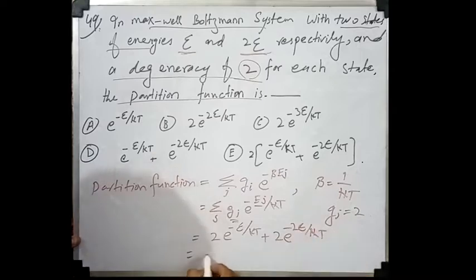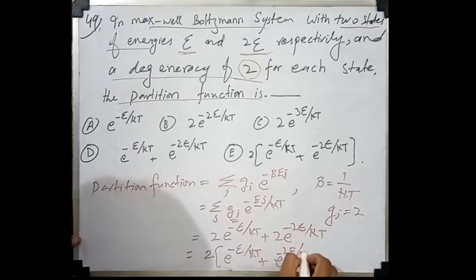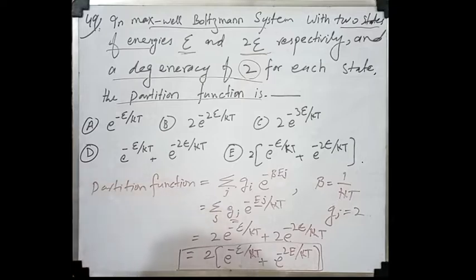So this is 2 e to the power minus E over kT plus 2 e to the power minus 2E over kT. This will be the partition function for this Maxwell-Boltzmann system if it has two energy states having energy E and 2E, and degeneracy for each state is 2.